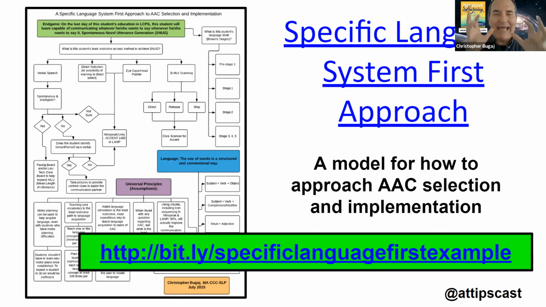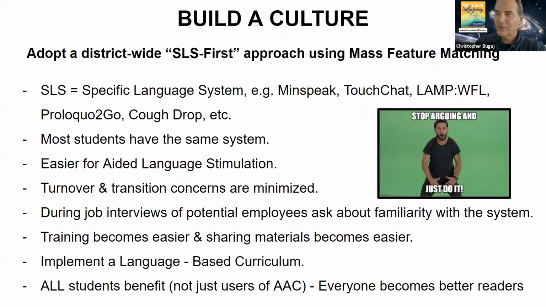And for the students that system would not work for, would everyone's skills who are meant to support that student get better? Meaning, oh man, this student really needs Proloquo or Touch Chat, so they shouldn't be using Lamp Words for Life. But because I know how to use Lamp Words for Life, I'm better at modeling, I'm better at descriptive teaching, and I'd be better at implementing Proloquo and Touch Chat or whatever the other tools might be. Cool.